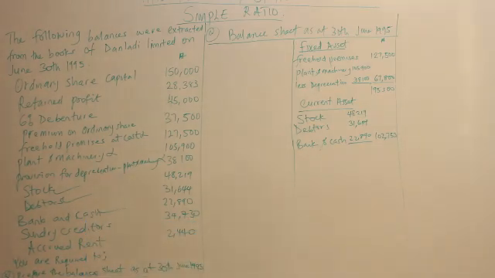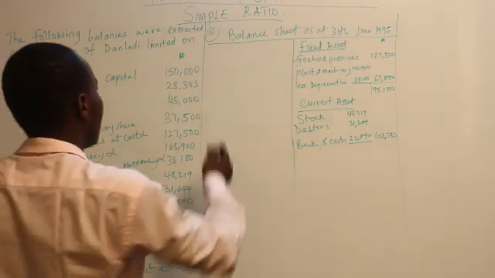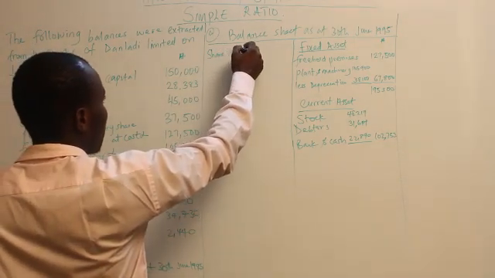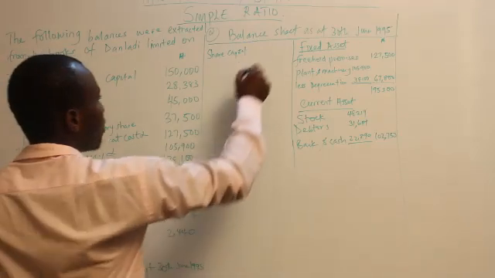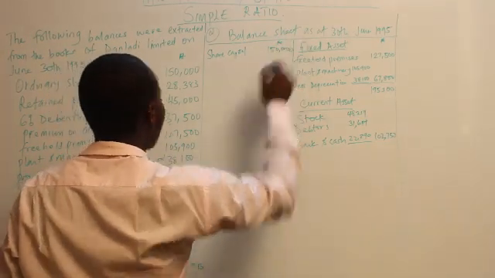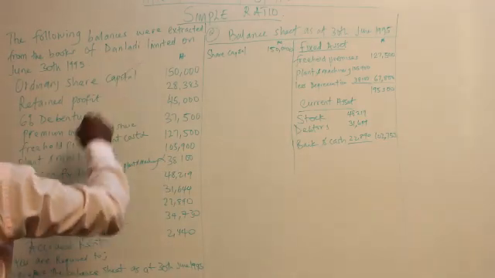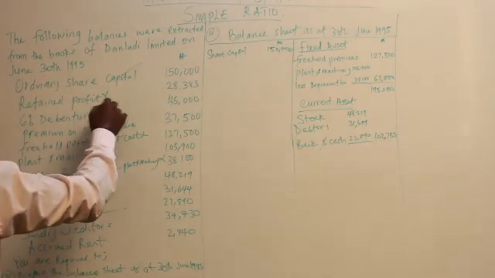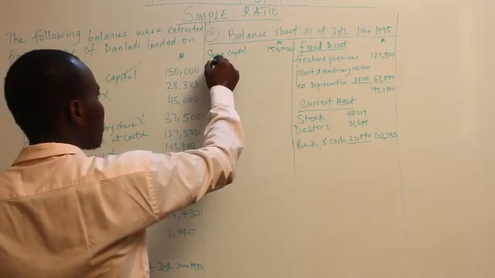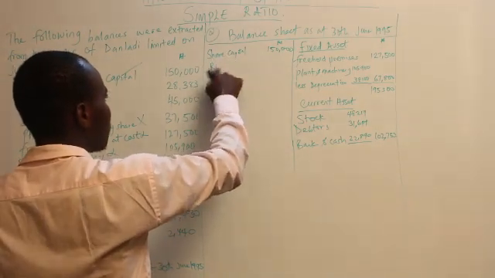The next thing is the ordinary share capital, 150,000 naira. Then we have retained profits and premium on ordinary shares, which we call reserves.